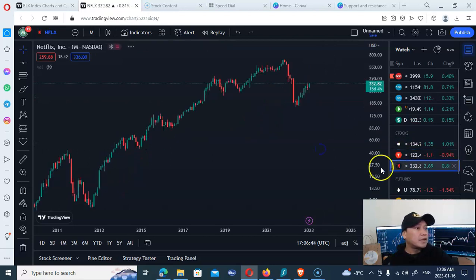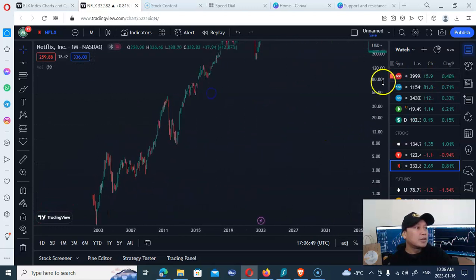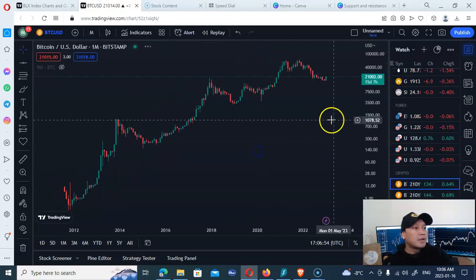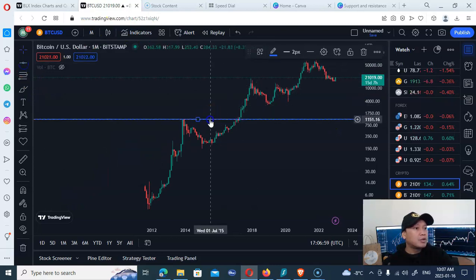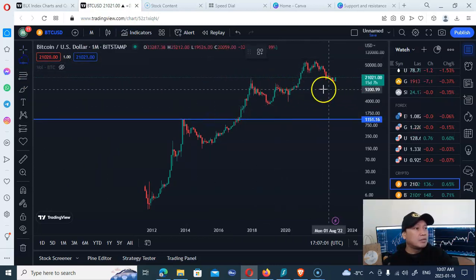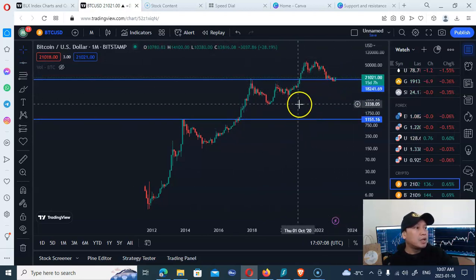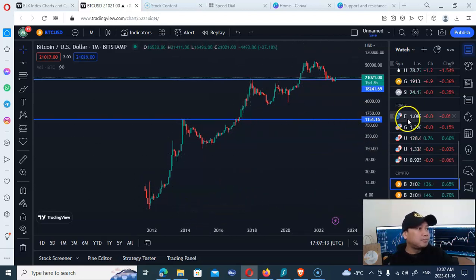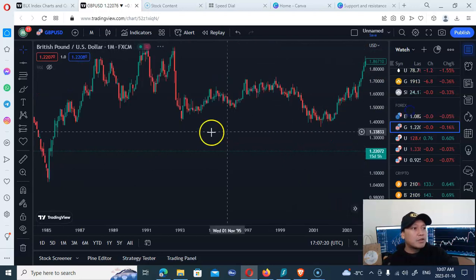Here, Netflix, similar, not much. Even Bitcoin, not much. Well, sure, we can do support and resistance here, and the price reacted here right now for Bitcoin, but for educational purposes, there's not much support and resistance compared to Forex.